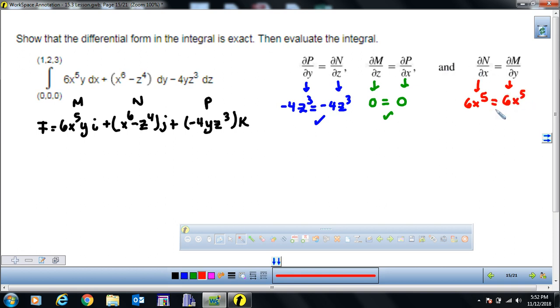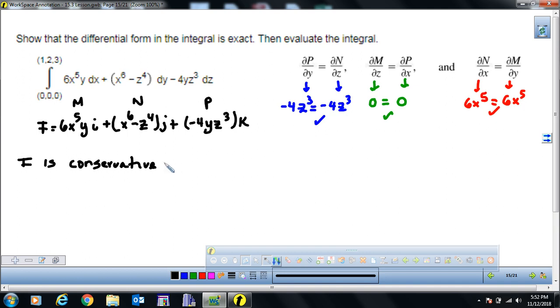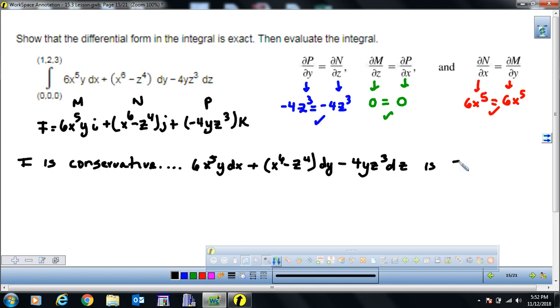So we can see that all the conditions of a conservative field are met, so we can say that F is conservative, which means that the differential 6x to the 5th y dx plus x to the 6th minus z to the 4th dy minus 4yz cubed dz is exact.